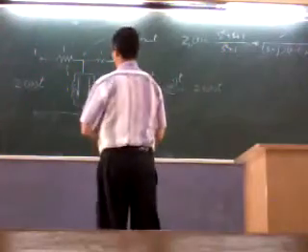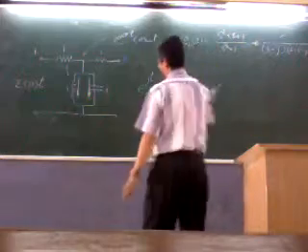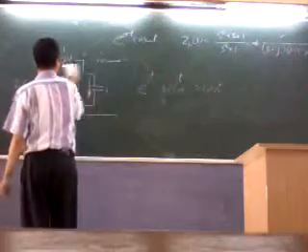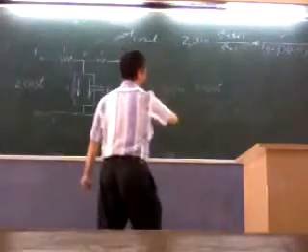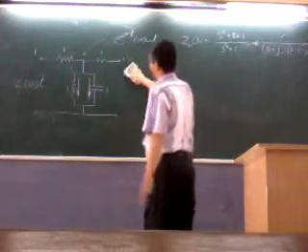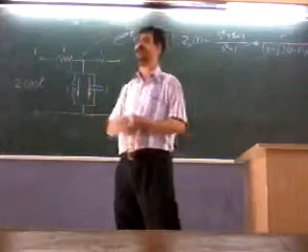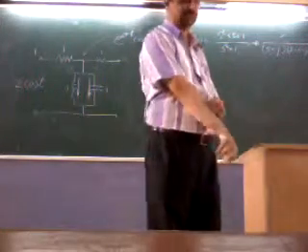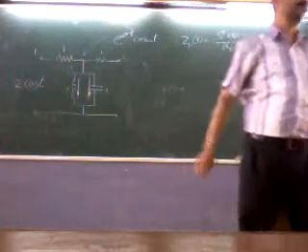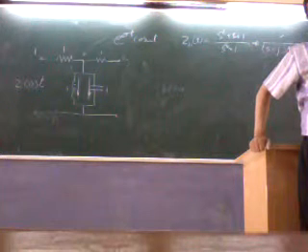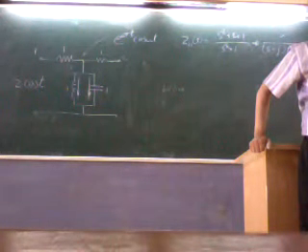So try to analyze the circuit. Forgetting everything, using your differential equations in all possible ways, try to analyze the circuit for this. When you apply 2 cos t, what will happen? What will be the current?